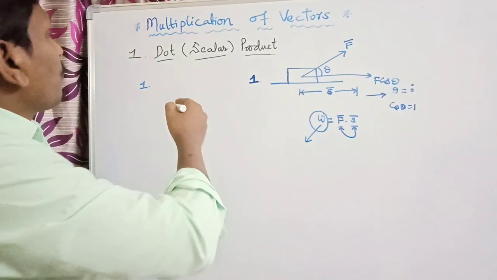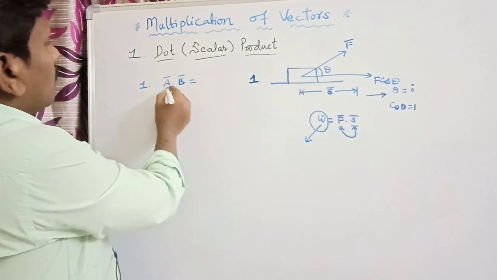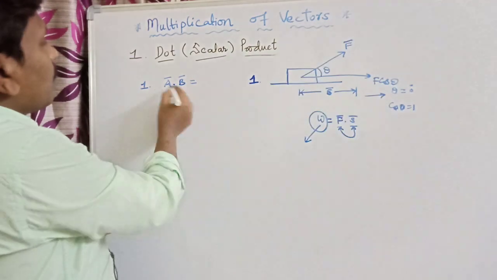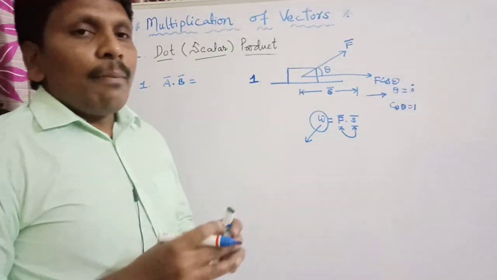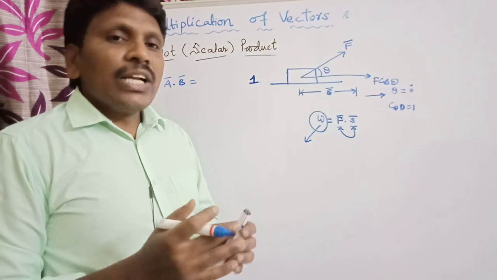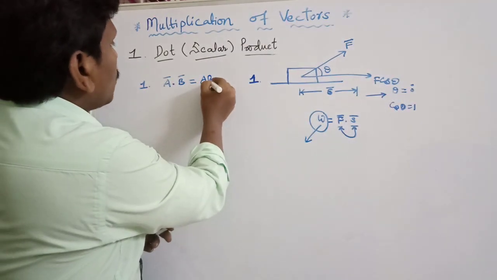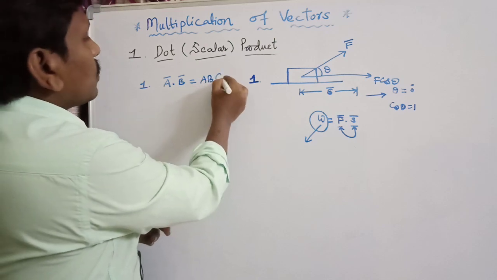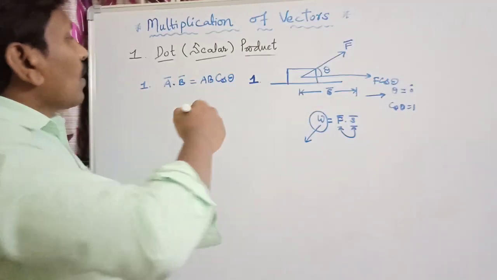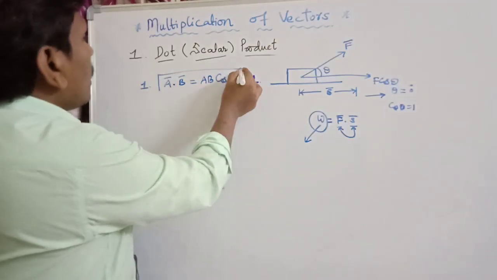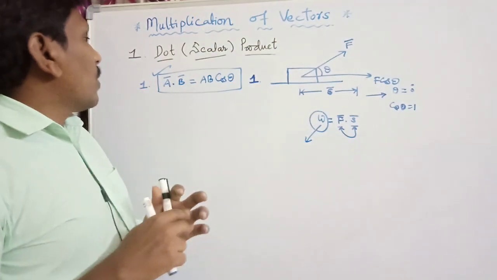The dot product of the two vectors, that is A bar vector and B bar vector, equals the product of the magnitudes of the two vectors and the cosine of the angle between them, that is cos theta. So we can simply understand the definition of the scalar product.